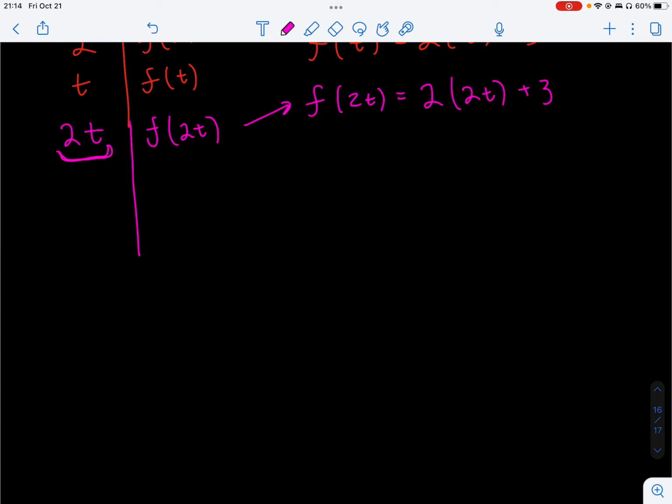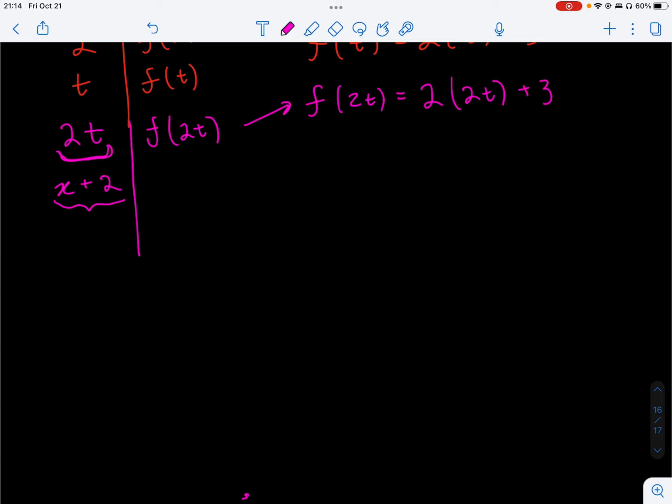Imagine I took my input and said I'm now going to input x plus 2. So instead of plugging in x, I'm going to plug in x plus 2. For instance, if x was 0, that would be 0 plus 2, which is just 2.